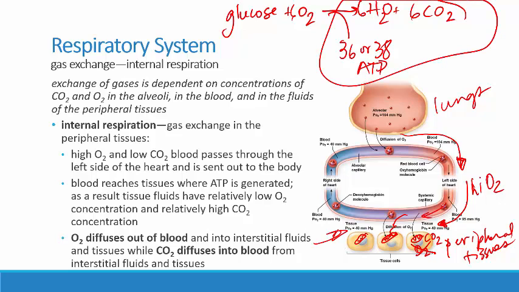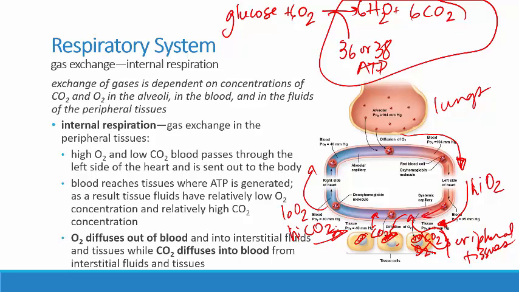So we're using up that oxygen, but at the same time, when the blood is heading back to the heart again, before it makes it to the lungs once more, it's going to be low in O2, because we've used lots of the O2 there. It's diffused away from where it's high to where it's low inside the cells. At the same time, because CO2 is being generated in the cells, we're going to tuck CO2 into the blood, so that as the blood leaves the peripheral tissues, it'll be high in CO2.